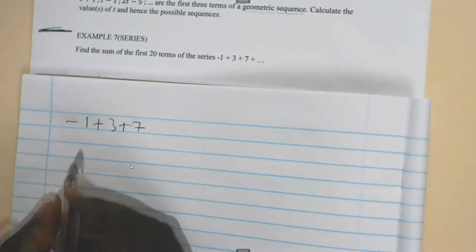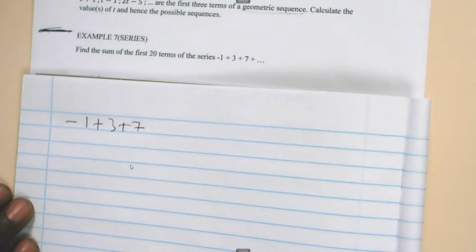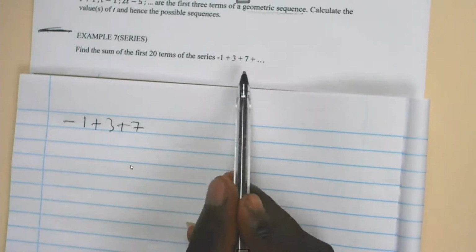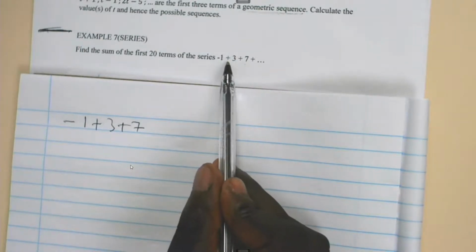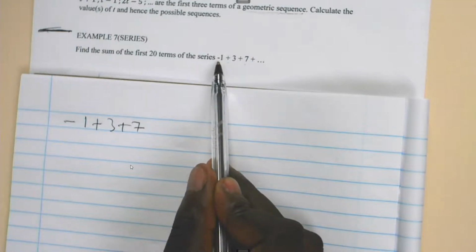Now, is this series an arithmetic or geometric series? Though we have not yet dealt with the geometric series, this is an arithmetic series because it has a constant difference of +4. 7 minus 3 is 4. 3 minus -1 is 4.